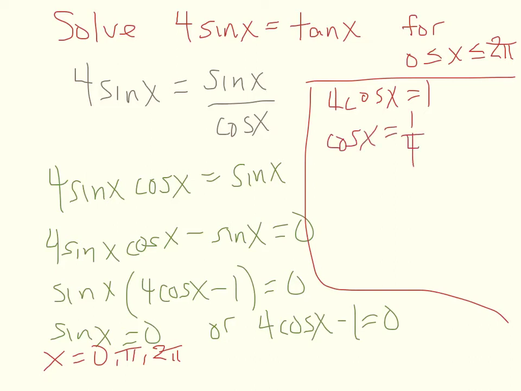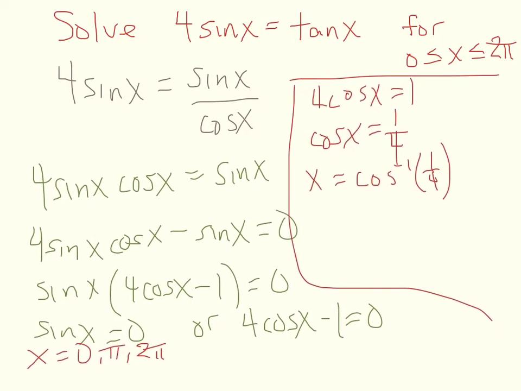So now 1/4, that's not on our unit circle, so we're going to use inverse trig. x equals the inverse cosine of 1/4. Now, putting this into our graphing calculator, we will find that x is approximately 1.32 radians. Remember, we need to be in radians here.